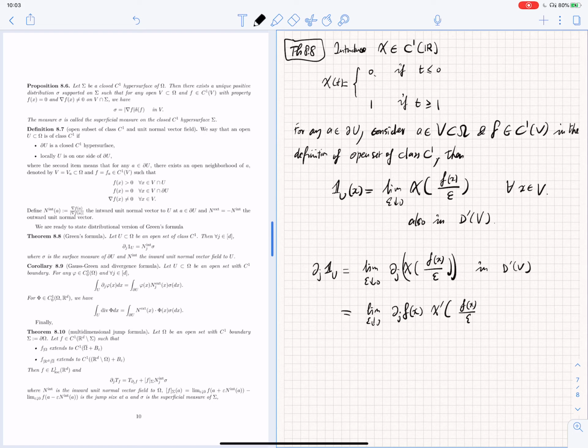There's a 1 over epsilon that I forgot here. So we realize that here we can actually identify something that we know. This guy together with this 1 over epsilon, we put them together, and we realize that this is a specific situation.